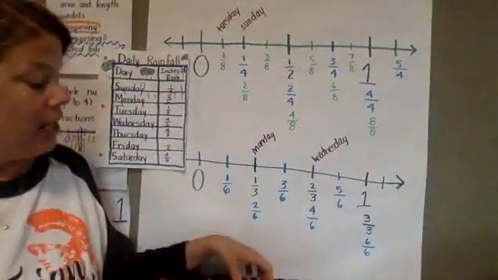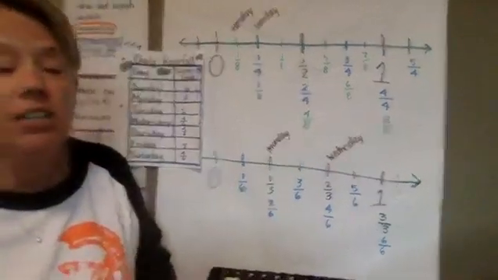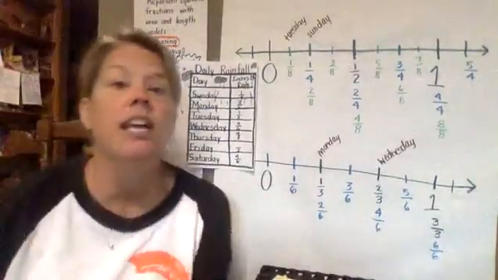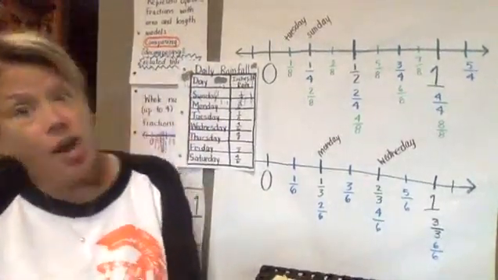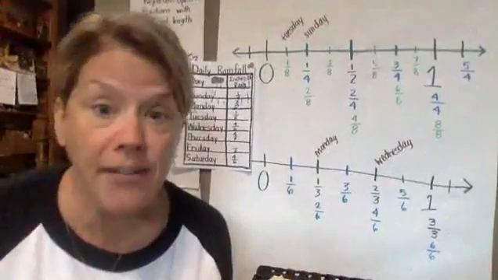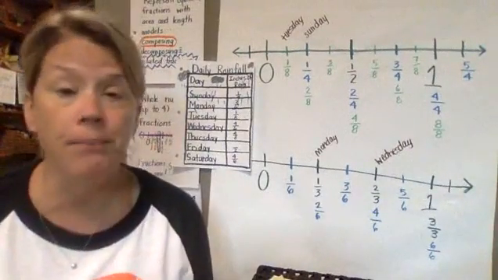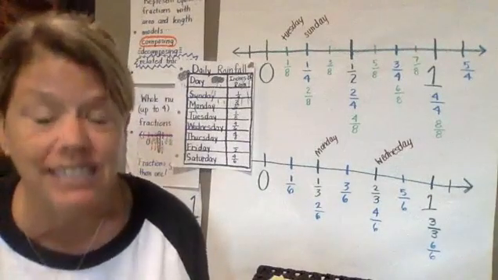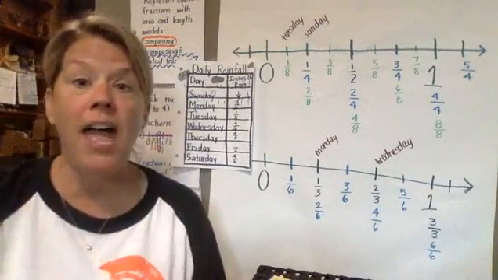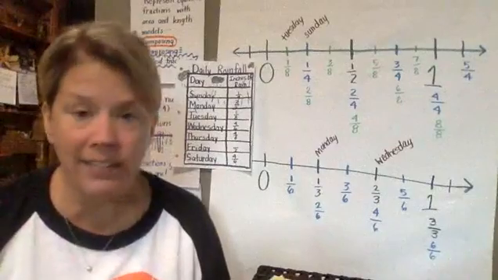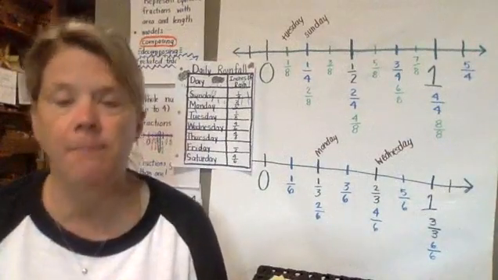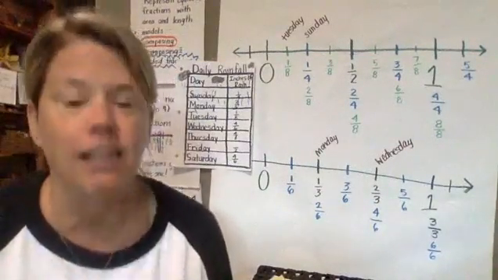The same thing goes with thirds and sixths, because third graders should be working with fractions that are in denominations of halves, thirds, fourths, sixths, and eighths. That's all. Halves, thirds, fourths, sixths, and eighths. Miss Street's trying to drive home. Halves, fourths, and eighths are related fractions. Thirds and sixths are related fractions.